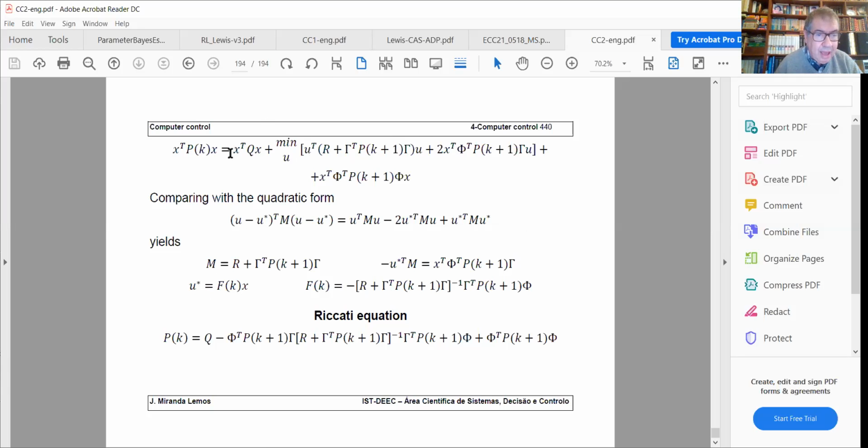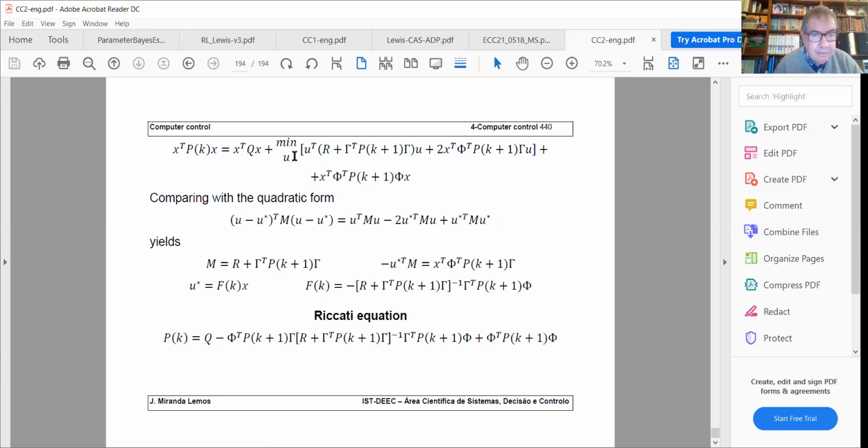So you will have everything with X transposed on the left and X on the right. So you have X transposed PK X equals X transposed QX plus, and then you remember that U star is f of kx.